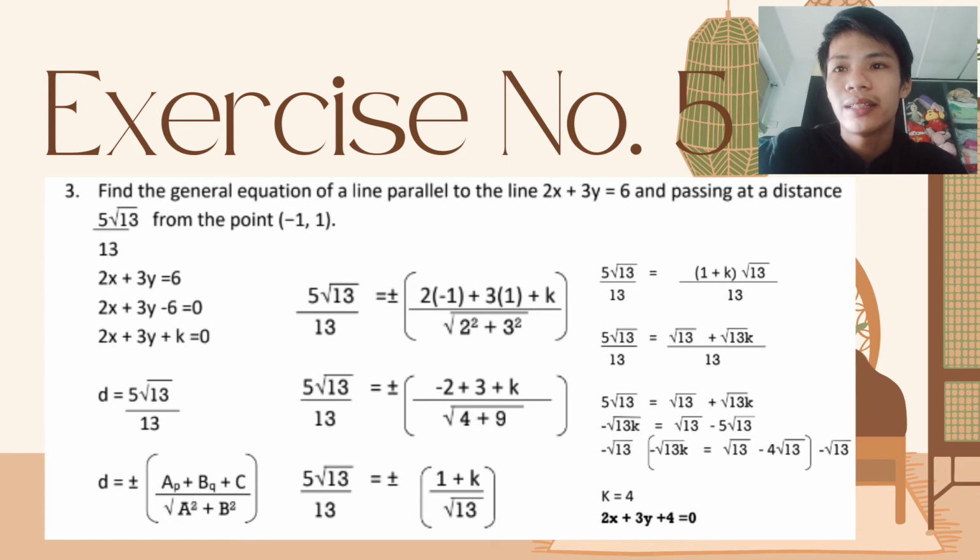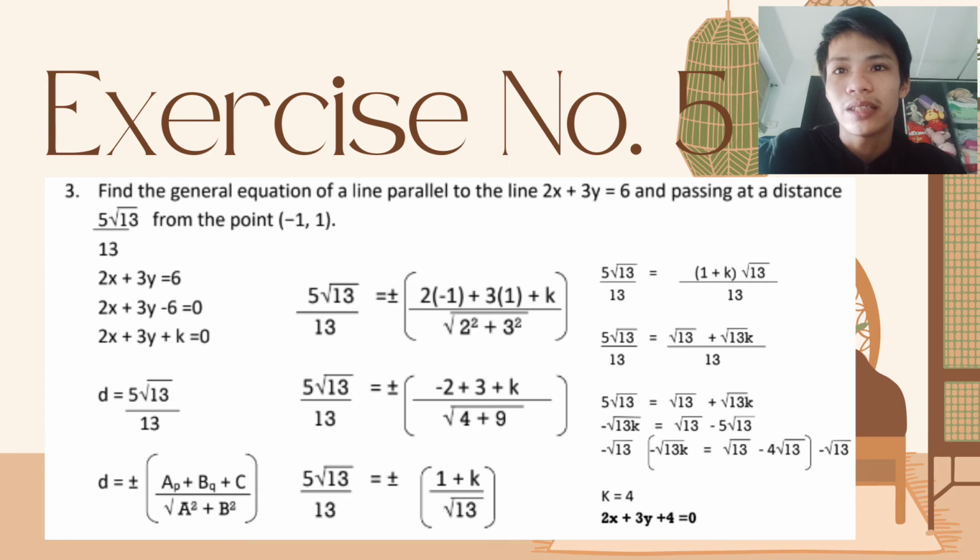And then, d is equal to plus or minus (Ap plus Bq plus C) over square root of A squared plus B squared. So, substitute natin. So, yung D natin is 5 square root of 13 over 13.